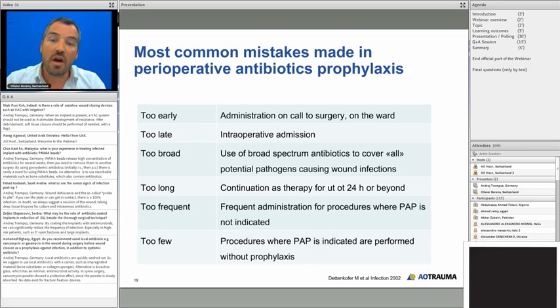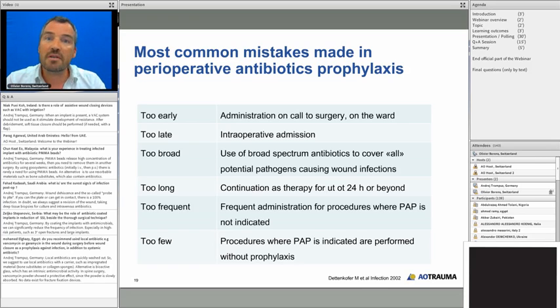No need to give the antibiotics for longer than 24 hours. It has been shown that there is no additional help if we prolong our antibiotic prophylaxis, but we can have more complications due to the prolonged antibiotic prophylaxis. Too frequent: we should not use antibiotics in minor surgery.